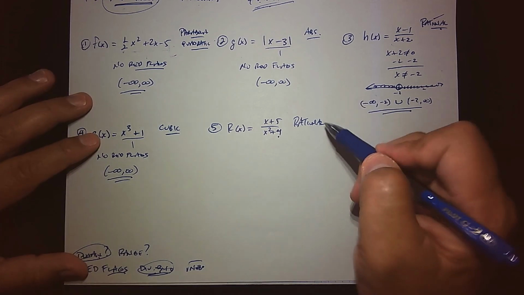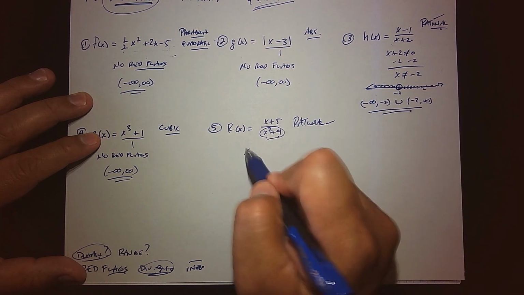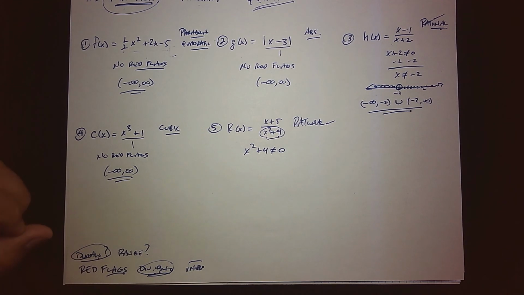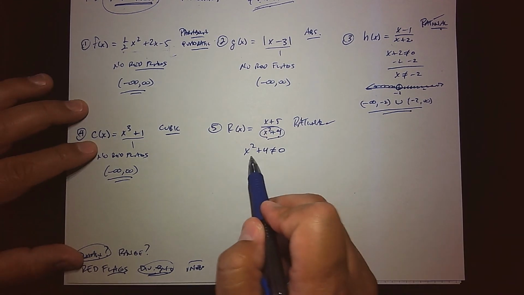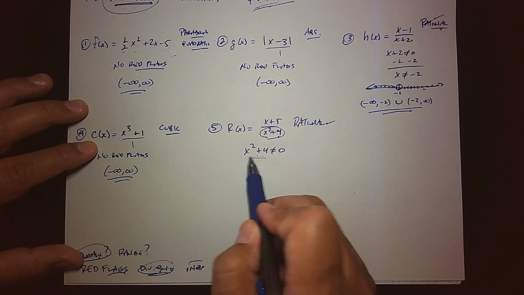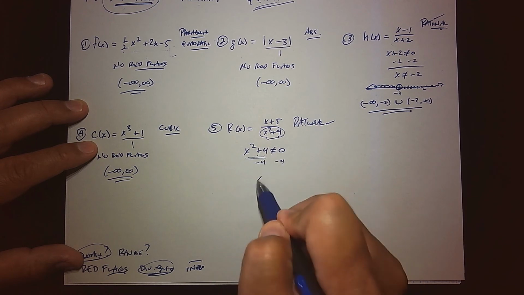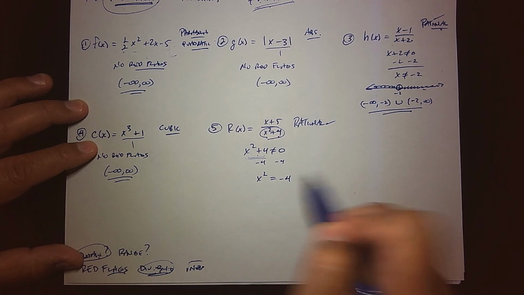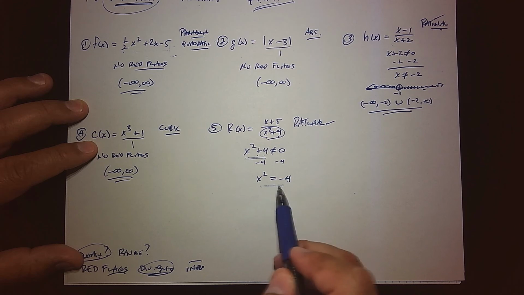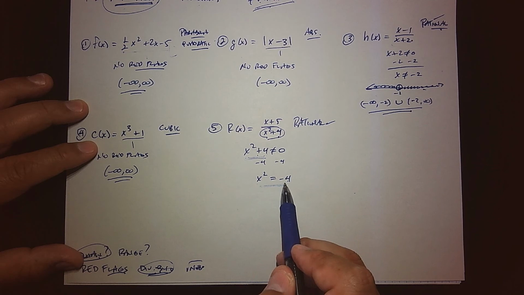And then last but not least, we have another rational function. We do see a variable down in the denominator, so we kind of have to worry about it. I don't want that bottom to be equal to 0. And this doesn't factor, right? We know how to factor the difference of squares, but the sum of squares doesn't factor. And then if I even try to solve, this is what we're going to see in chapter 10, so another sneak peek at it. If I move that over, this part right here makes no sense, because we're trying to find a number that when I square it equals -4.